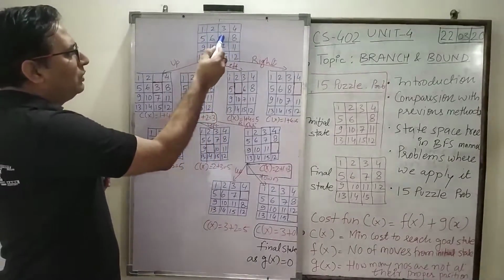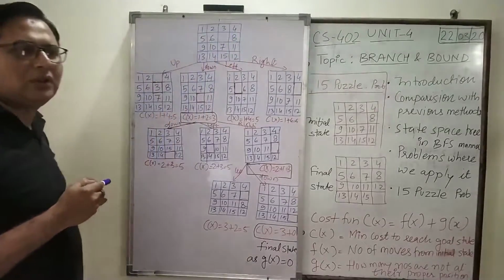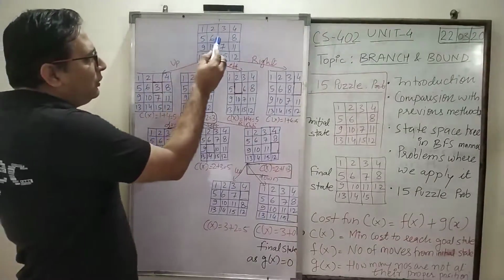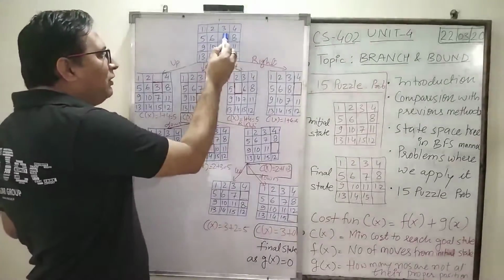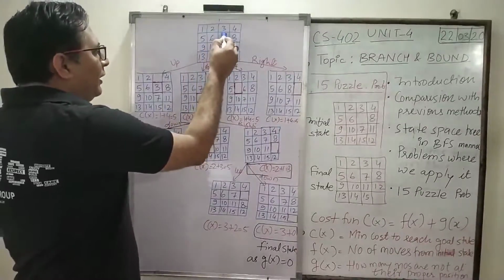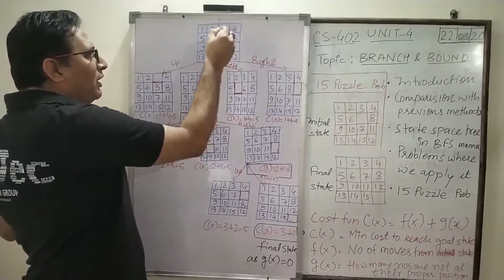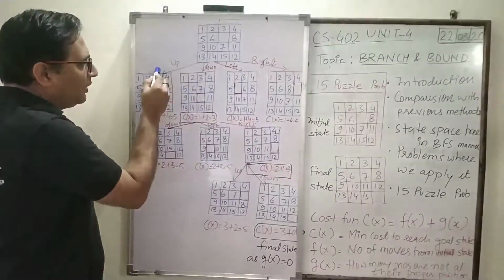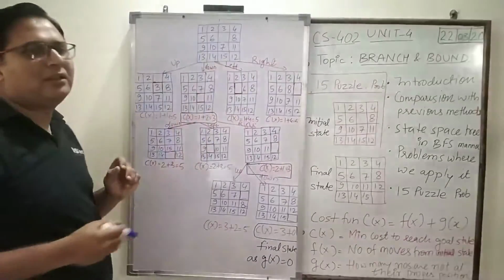Either we can move up, down, left, or right. So the movement of this blank square will consider the direction. Like if I take 3 as down, this blank square will move upwards. This I have considered as up. In a similar way we have considered down, left and right.